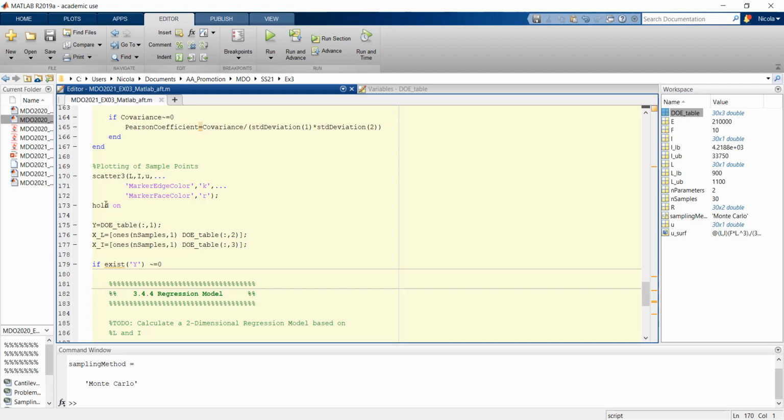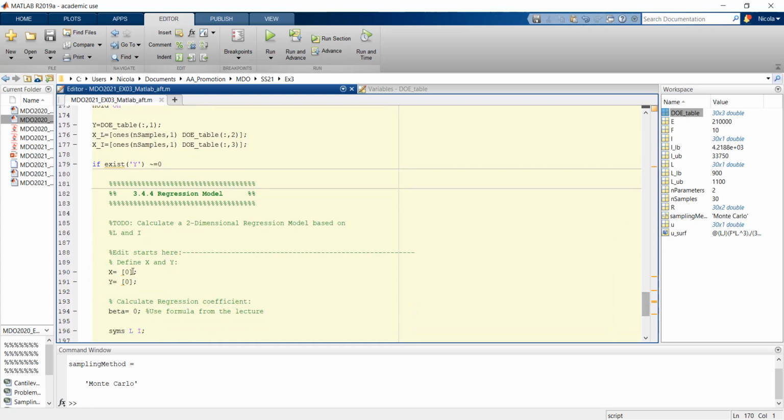Now we have to compute an overall linear regression model. It's the last task. So first we have to define our matrices X and Y. So X in the first column always has ones, and in the second it's got x1, so our first design variable, which is L, and that was in the second column of our DOE table.